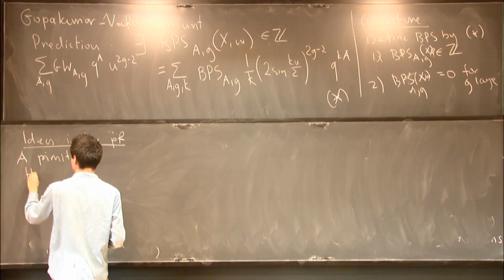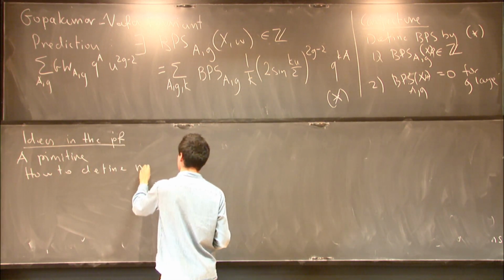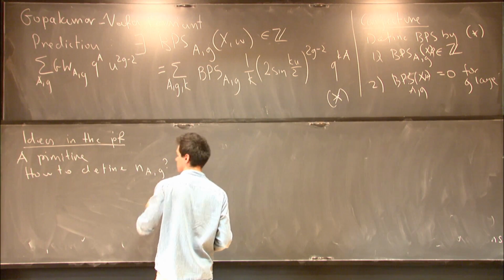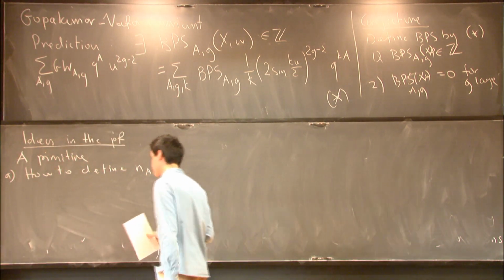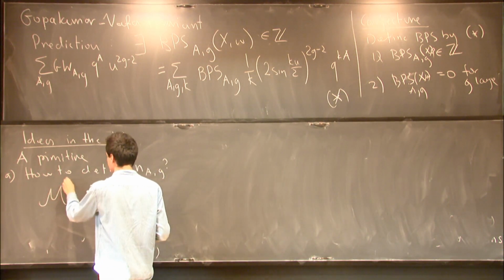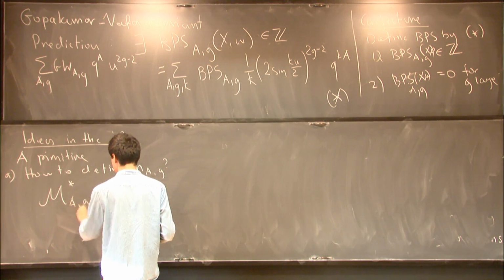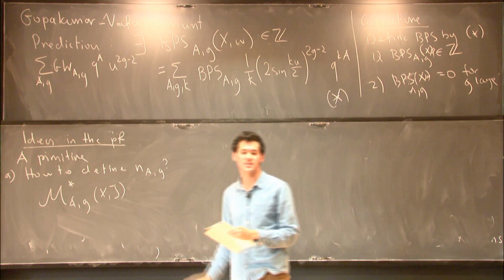How to define NAG. So that's the first part, maybe A. So of course you want to choose a generic J. You want to look at the space of these curves, and you want to say that this is a finite set.